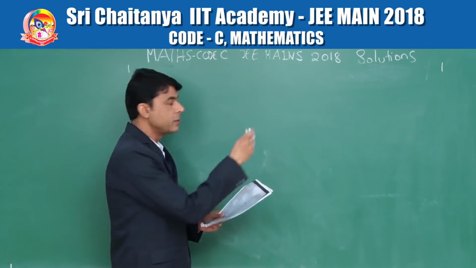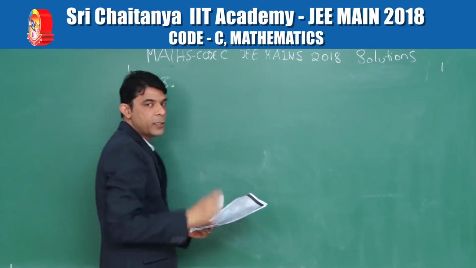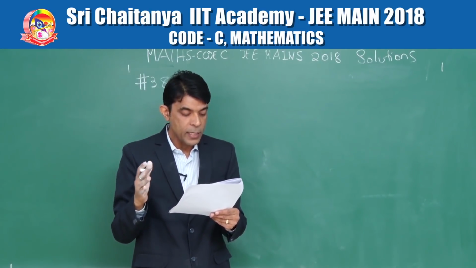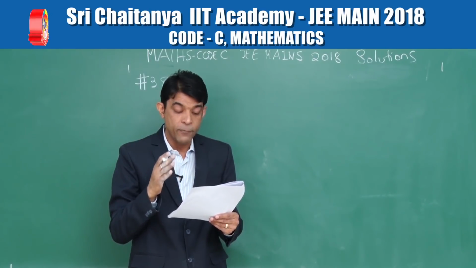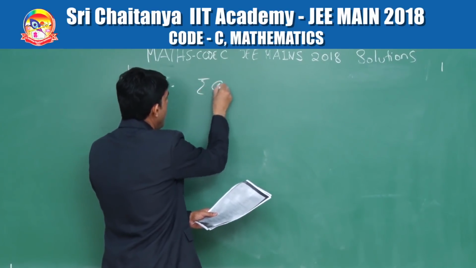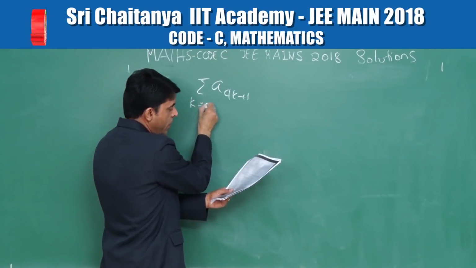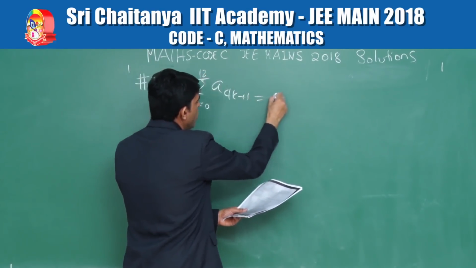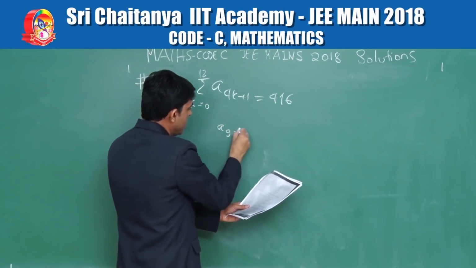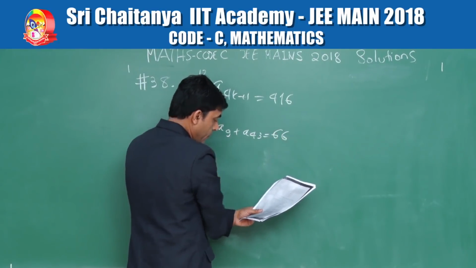Let's do number 38. It's a question about number of terms in AP. So the question reads that let A1, A2, A3 till A49 be in AP such that sigma of A4k plus 1, where k ranges from 0 to 12, is given to be 416, and A9 plus A43 happens to be 66.